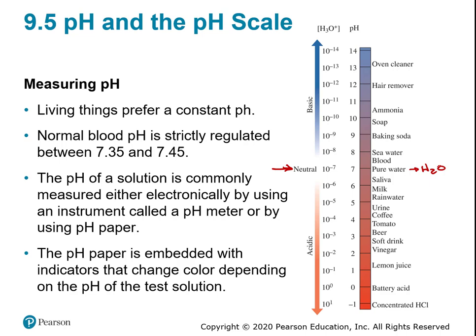So as we begin to go up, everything that's above 7, they have in that kind of bluish scale, they call it basic. Anything that's above 7, all the way up to about 10. So in this range, these are things that do have hydroxide ions. They are bases, but they don't have a lot of them.